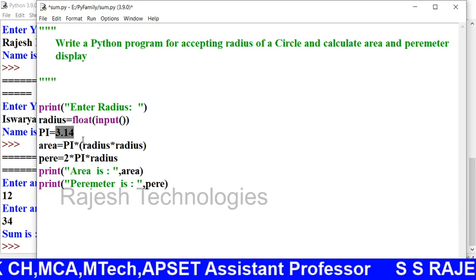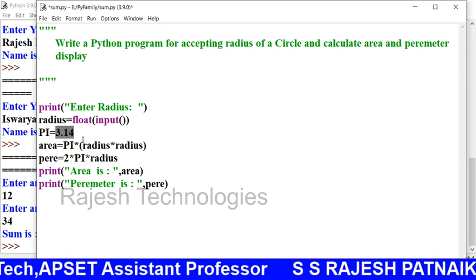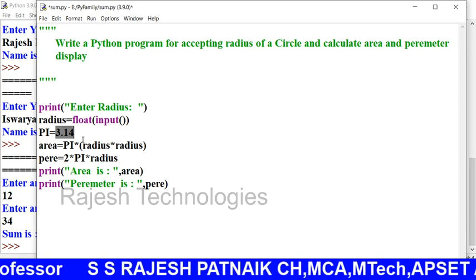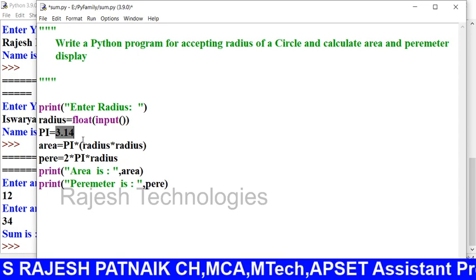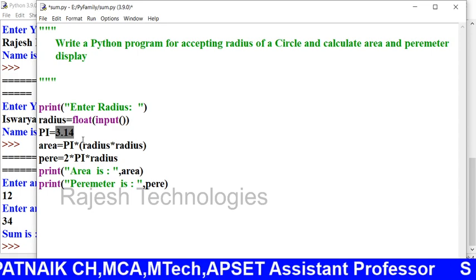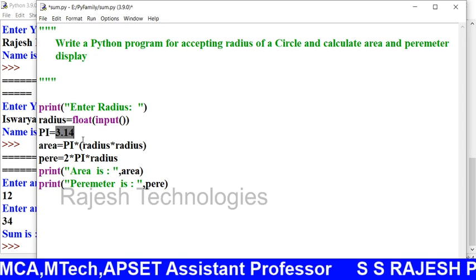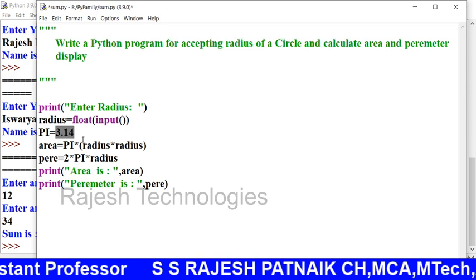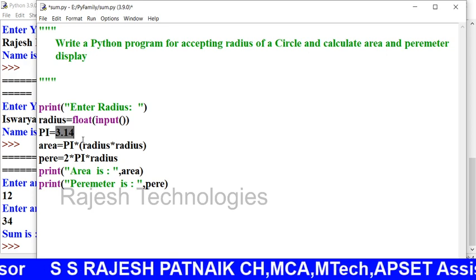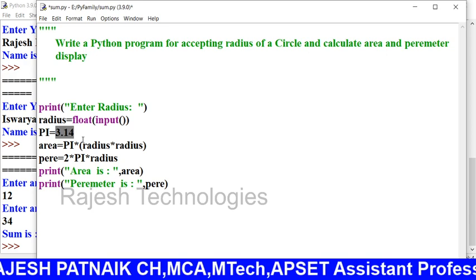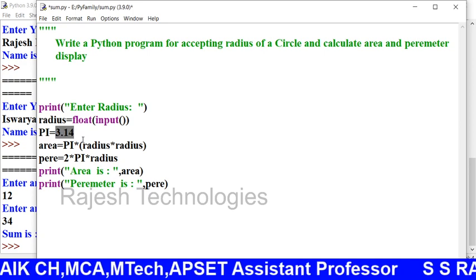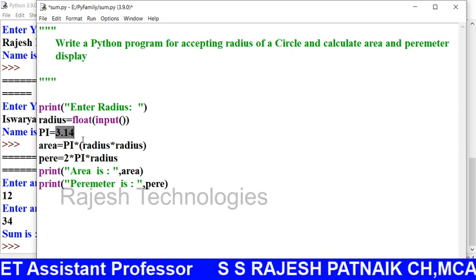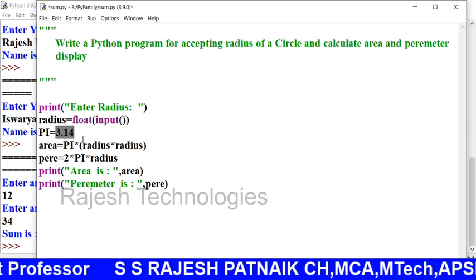What is the basic pi? How can you represent in mathematics? 22 by 7. Yes, 22 by 7 means if you apply the division, you will get 3.14. So 3.14 something, it will continue. But we have to take up to 2 decimal points. That is the importance of the pi value. 3.14 is the pi value.